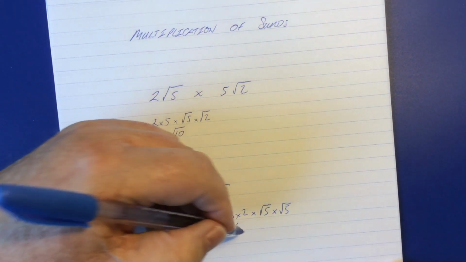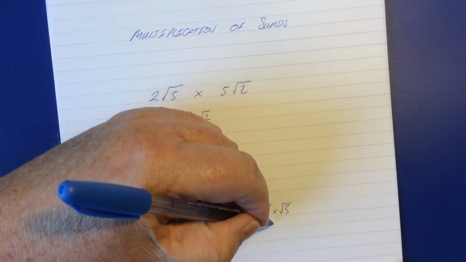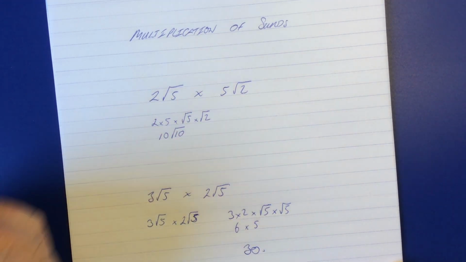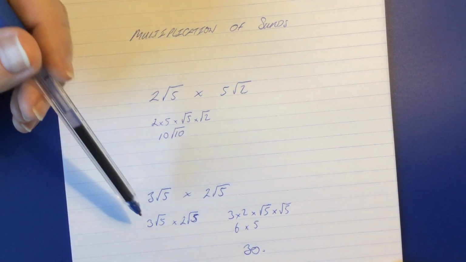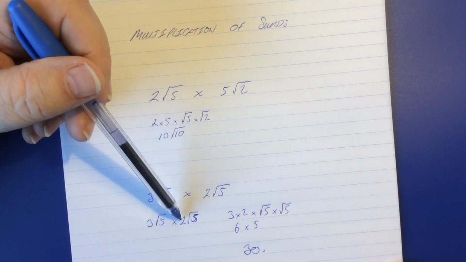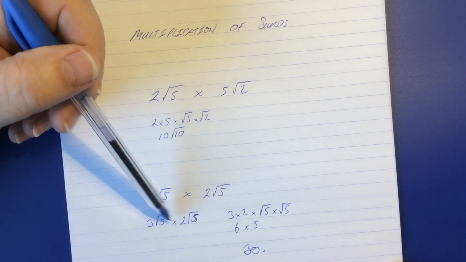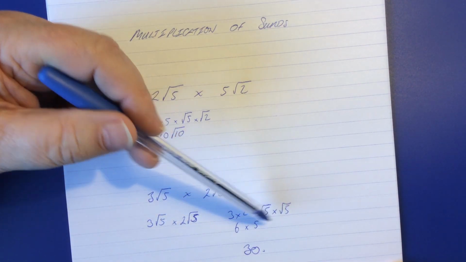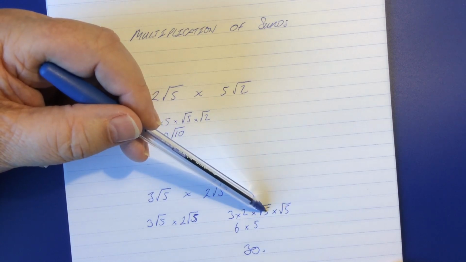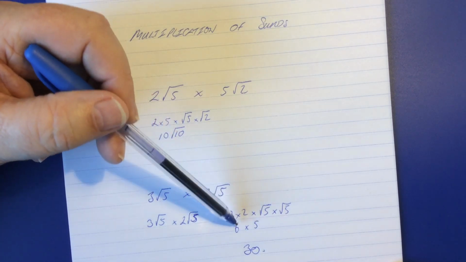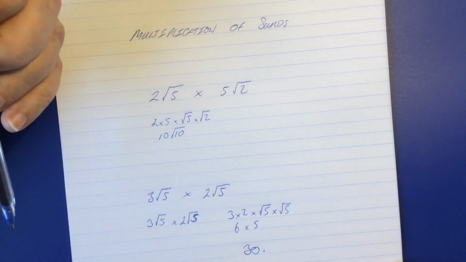Root 5 times root 5 is 5, so our answer is 30. 6 5s are 30. So let's just go through this again. We took the 3 and the 2, we multiplied them. We multiplied the two surds, simplified this, got 5, 3 times 2, 6, 6 times 5, 30.